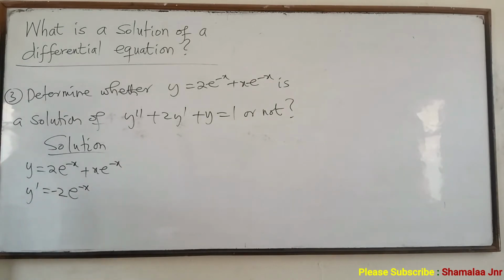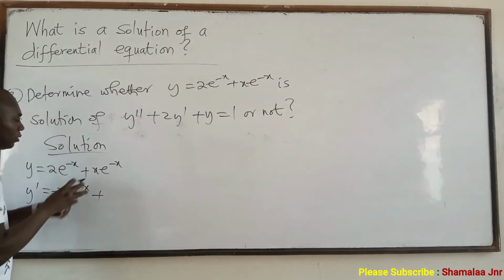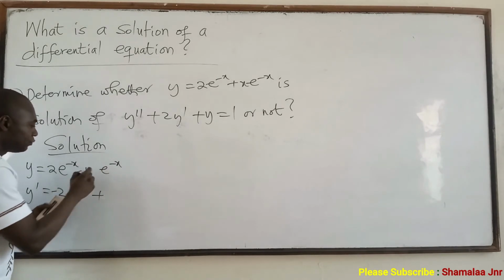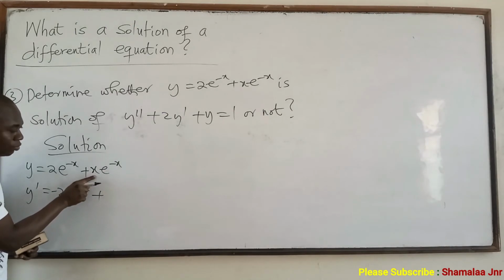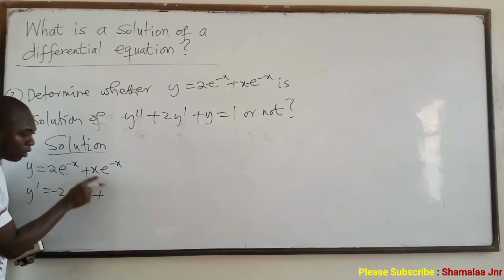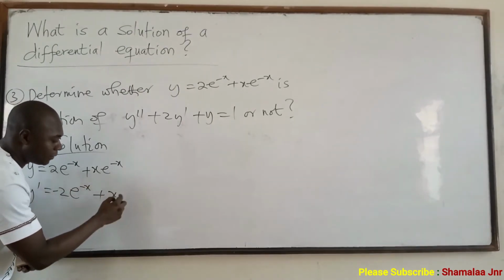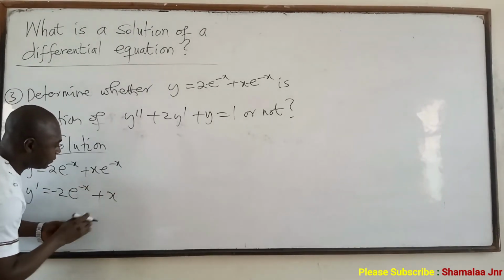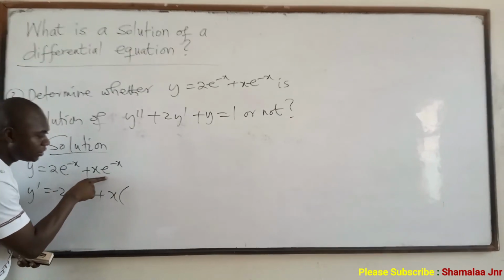Plus, now when you come here, you have to apply what you call the product rule. You can decide to differentiate this one, or maintain the first one and differentiate the second one. So I've maintained the first one, differentiating the second one.